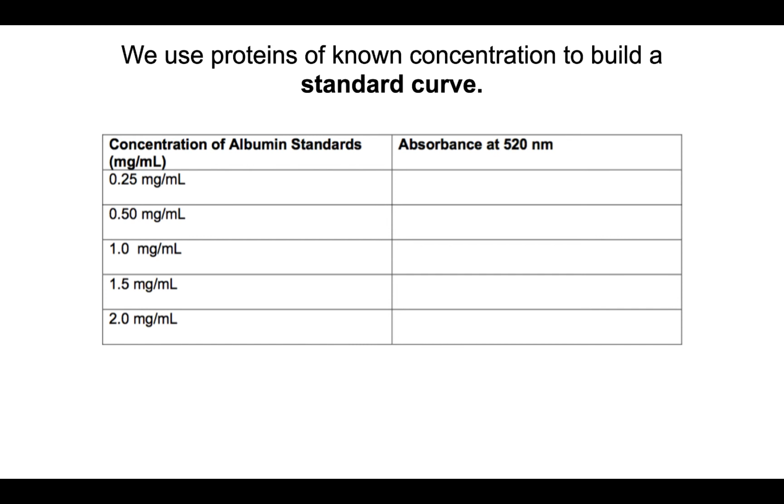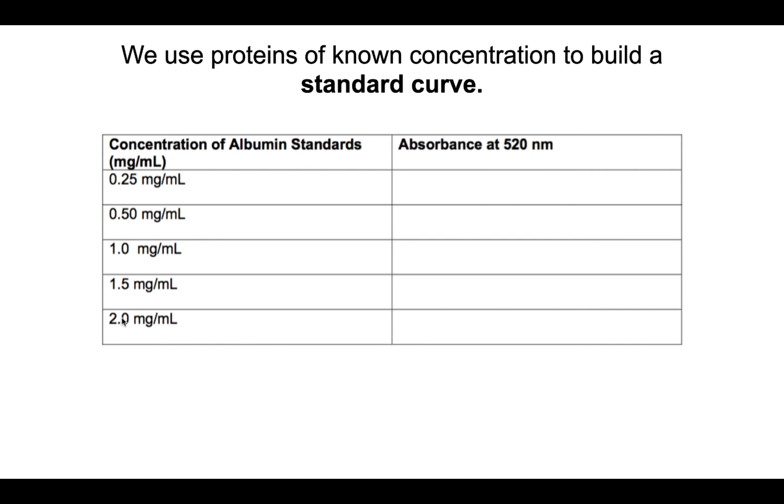A standard protein is a series of protein concentrations that we already know. In this lab, we're going to use the protein albumin, at 5 different concentrations: 0.25, 0.5, 1, 1.5, and 2.